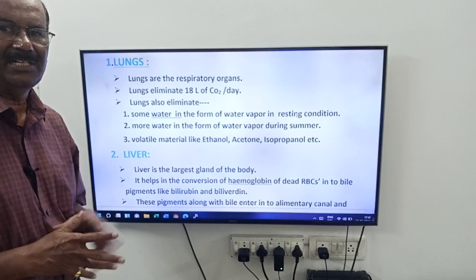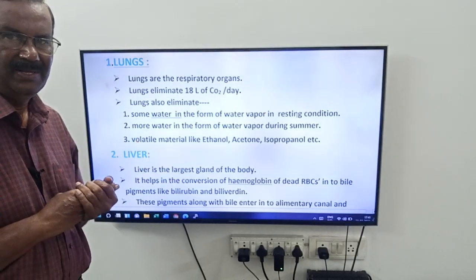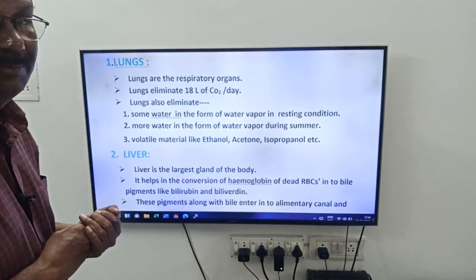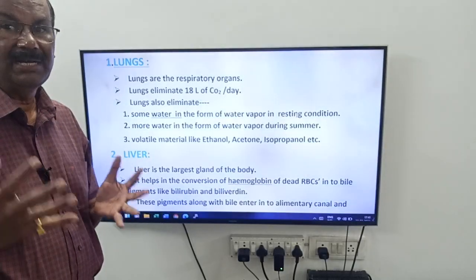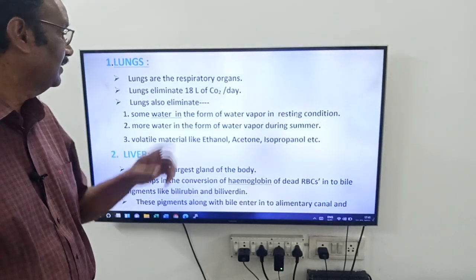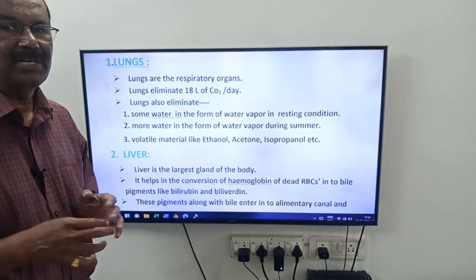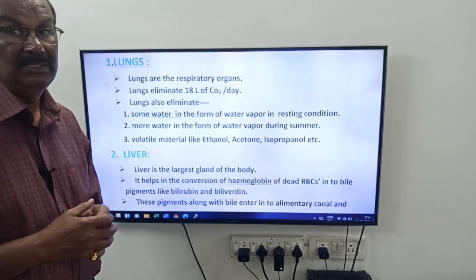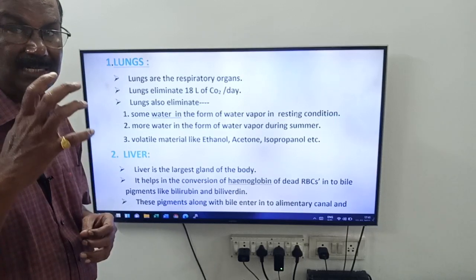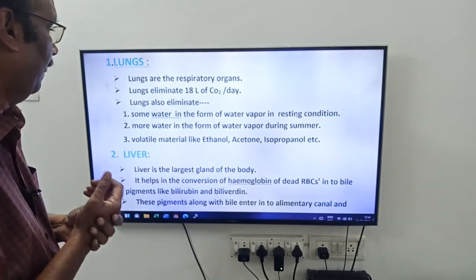Lungs are the respiratory organs. What is their main function? They eliminate carbon dioxide. Lungs eliminate 18 liters of carbon dioxide per day. That is their main role.